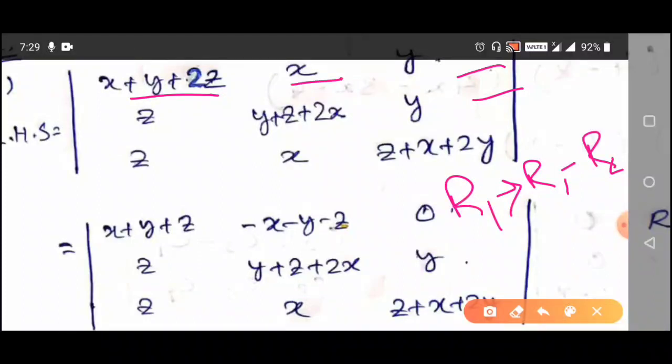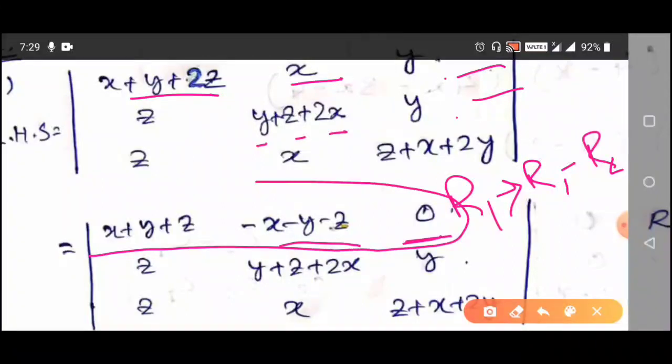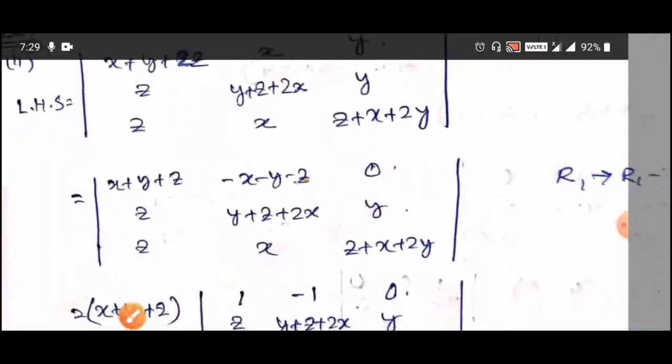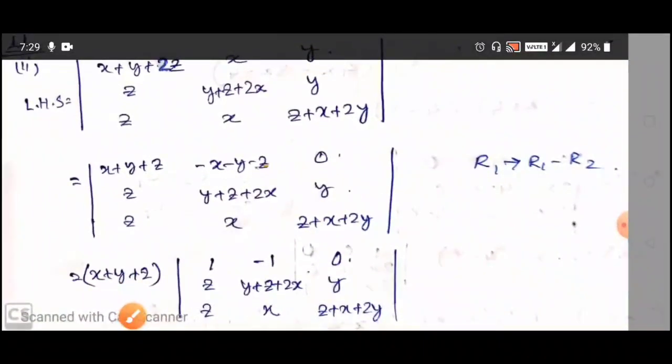X minus y minus z minus 2x, then it will be converted to minus x minus y minus z, and y minus y will be 0. Now see, from this first row we can take out x plus y plus z. So here we have done row 1 transformed to row 1 minus row 2.